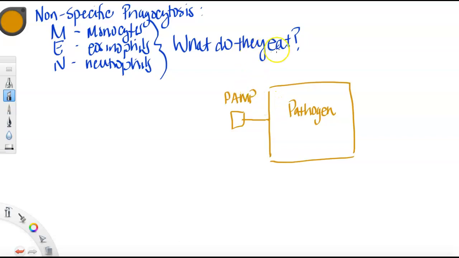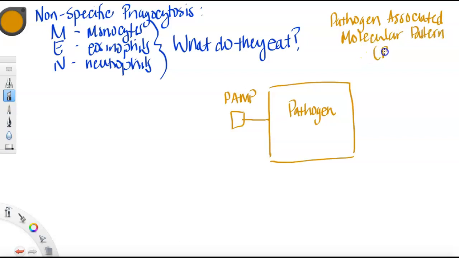So a PAMP is a pathogen associated molecular pattern. Or PAMP. So the men can look for this.